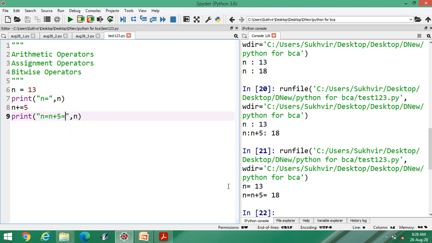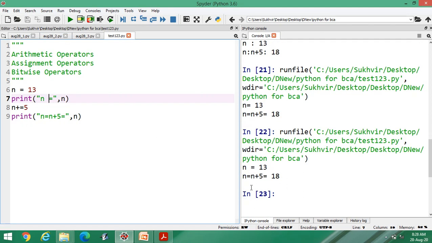Now execute. N is equal to 13. Then N is equal to N plus 5 is equal to 18. It means 13 plus 5 is equal to 18 is there.